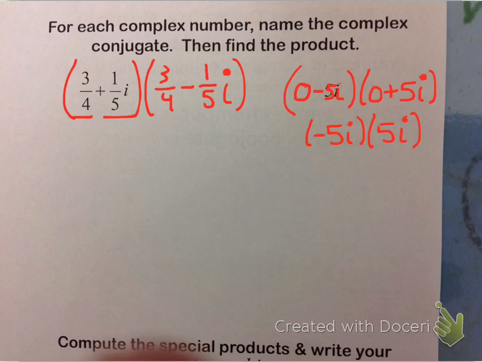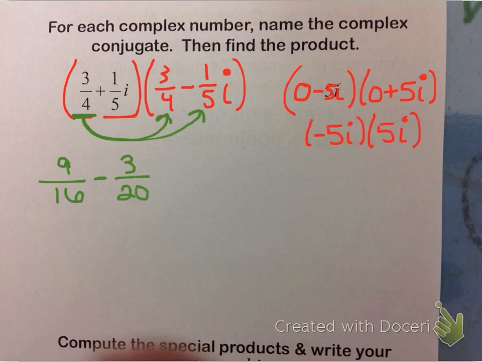So I'm going to take my first terms here, 3/4 times 3/4 gives me 9/16. Then I take my outer terms, 3/4 times negative 1/5 gives me negative 3/20 i.